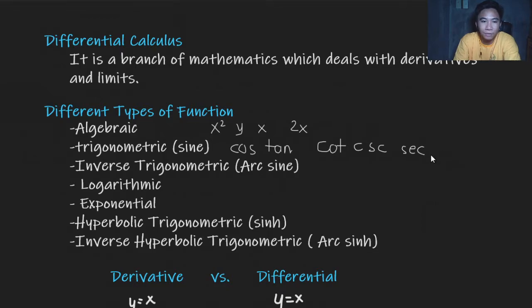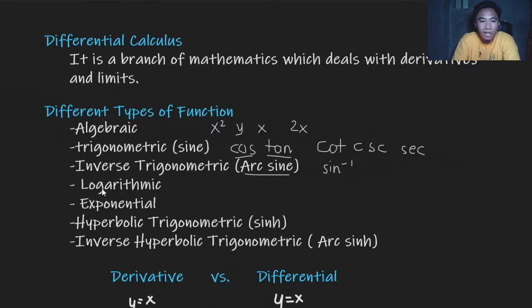Next is the inverse trigonometric function. Ito yung arcsine, arccosine, arctangent, or pwede din siyang symbol na sine raised to negative 1, arctangent.